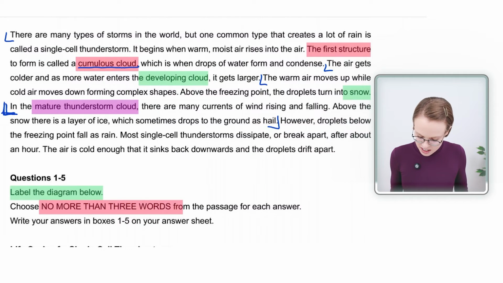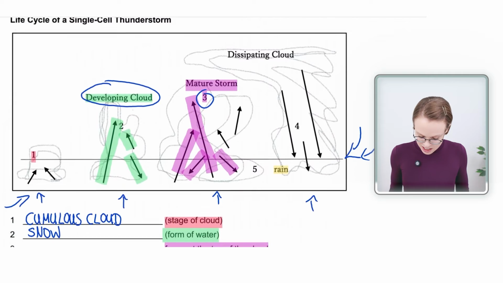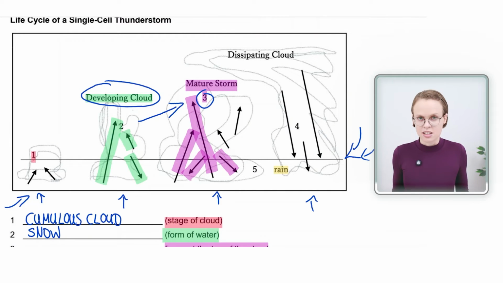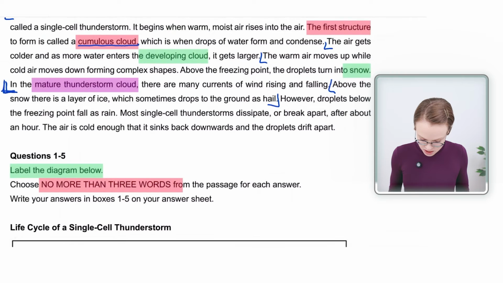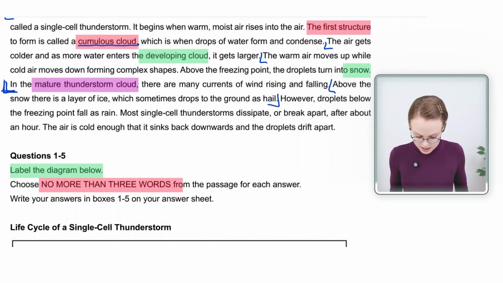So let's again have a look at this sentence. Above the snow, there is a layer of ice, which sometimes drops to the ground as hail. We figured out that number 2 needs to be labeled snow. So here we are obviously higher than snow, right? And the passage says that above the snow, there is a layer of ice.